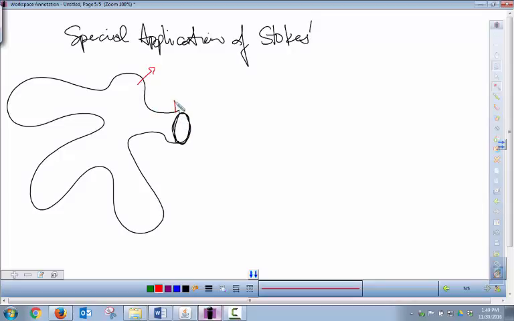So if it's oriented going outward like this, then the orientation of our boundary looks like that.